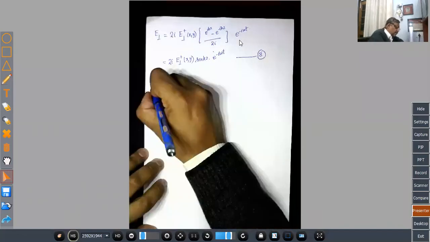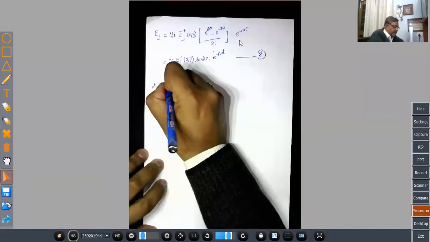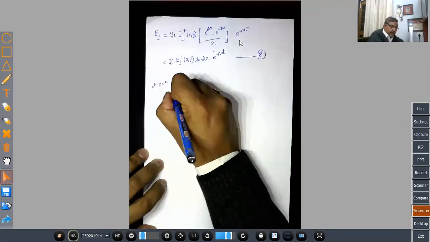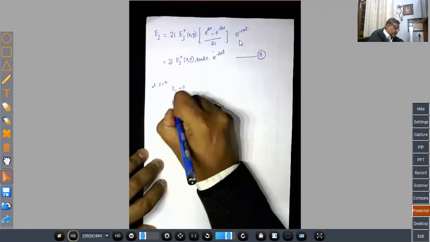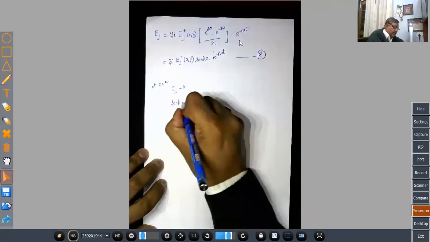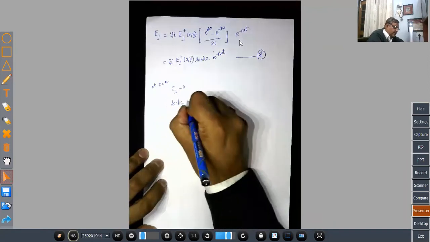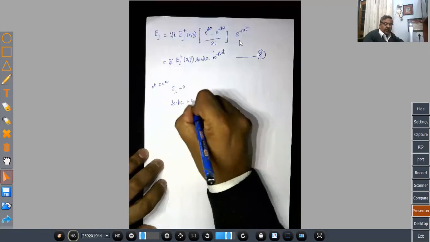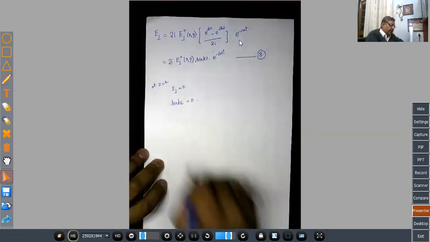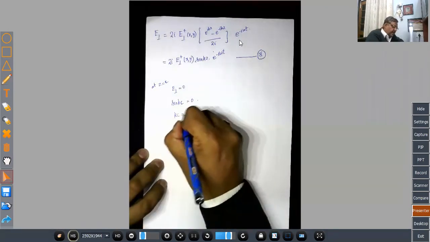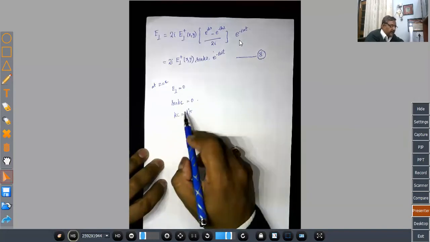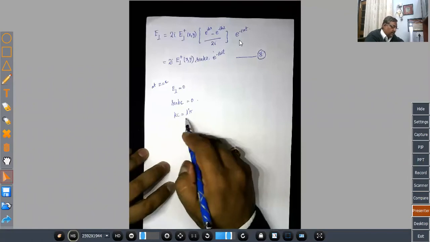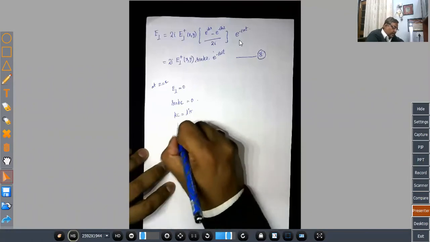Now at the other boundary, sine kc, z will be equal to c, will be 0, and kc will be equal to, note the subscript, it's L double dash pi.